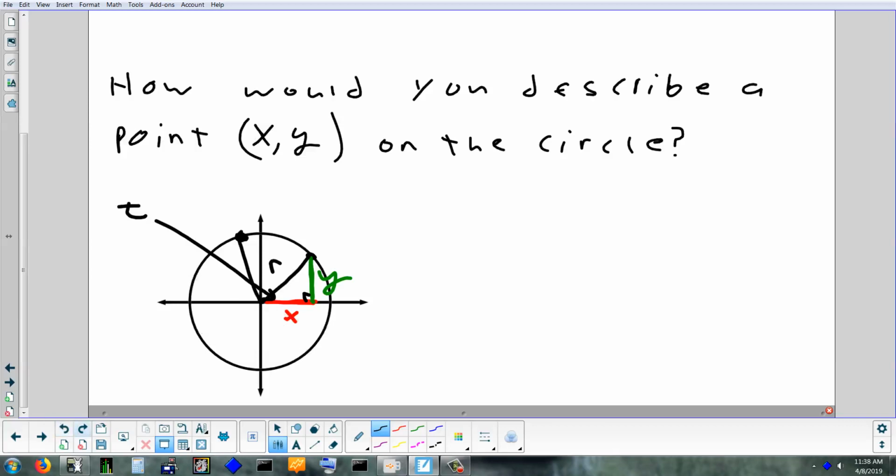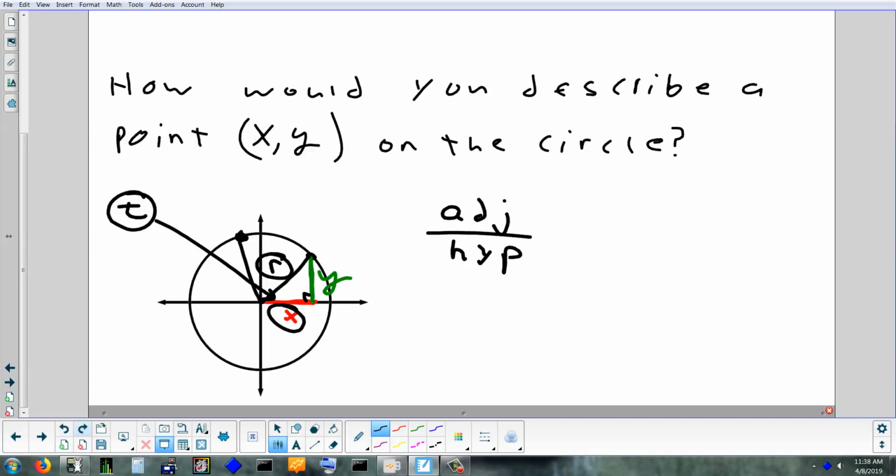Okay, so let's see if we can set up a formula involving T, X, and R. The side that I've labeled X, what position is that from the perspective of the angle? It's adjacent, all right? And what about the radius? The position of that is the hypotenuse. What is adjacent over hypotenuse? When you see that, what do you think? Cosine.